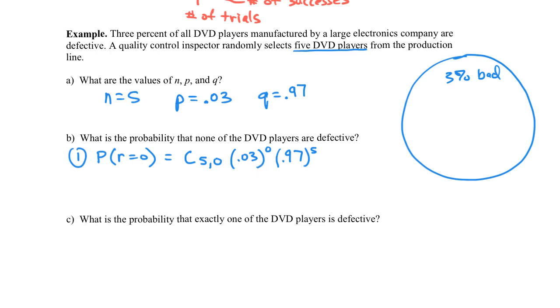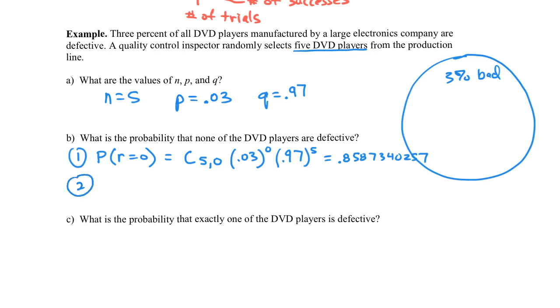So basically this answer is just going to be 0.97 raised to the 5th power. And if you type just that in, or if you type this whole thing in your calculator, we're going to get 0.8587340257.